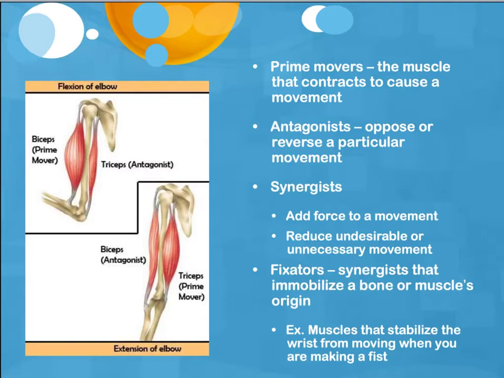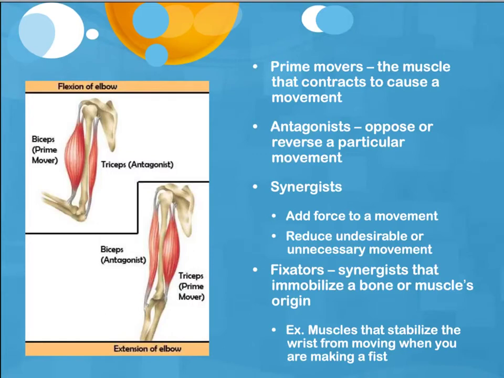Your triceps are then the antagonist, so they are opposing that motion. But then when you straighten your arm back out, it's the triceps that are causing your arm to go down, and your biceps now become the antagonist. So just because they're the prime mover in one movement, in another movement, they might not necessarily be the prime mover. They might then be the antagonist.